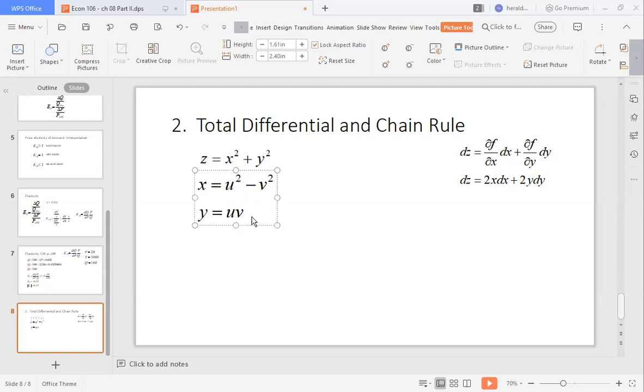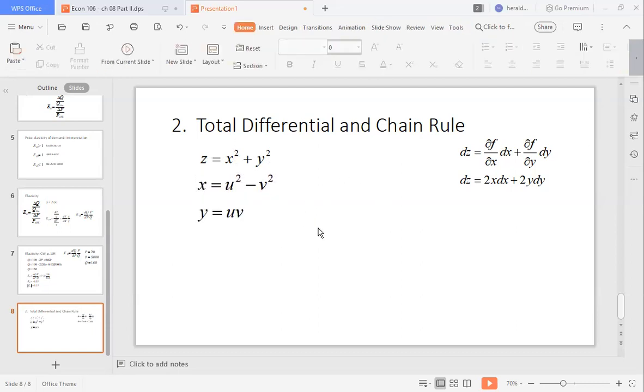Okay, so again, the first thing that we did earlier was to write the total differential dz in terms of dx and dy. And again, it's not really that complicated.